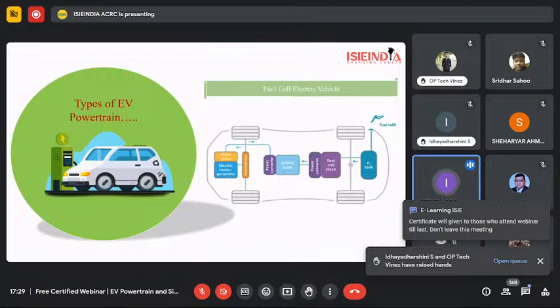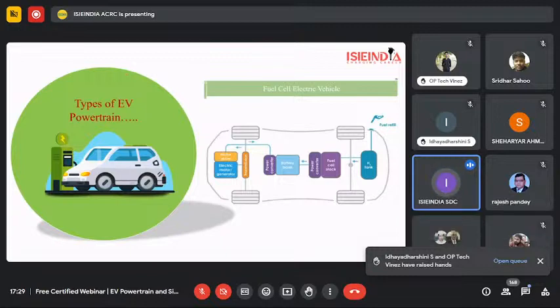So this is how the fuel cell electric vehicle works. I hope you now understand the concept and architecture of fuel cell electric vehicles. Yeah. So can anyone tell me what the limitation of fuel cell electric vehicles is?